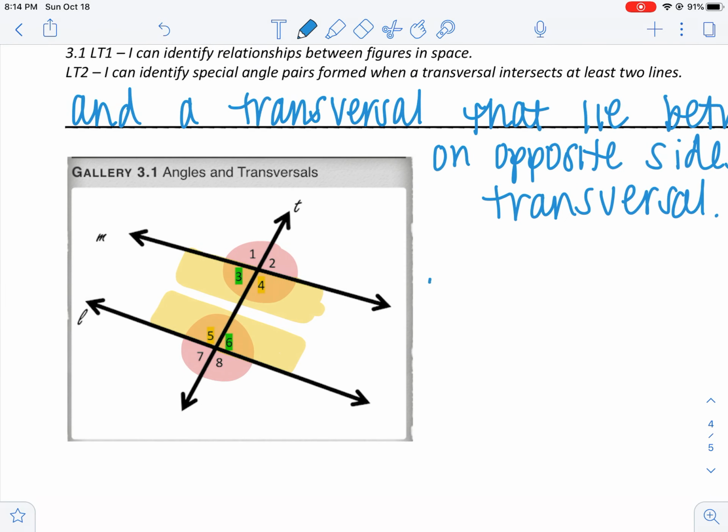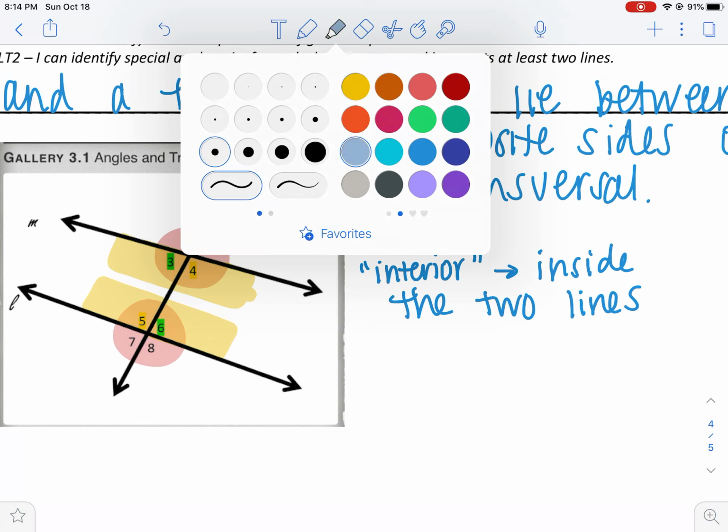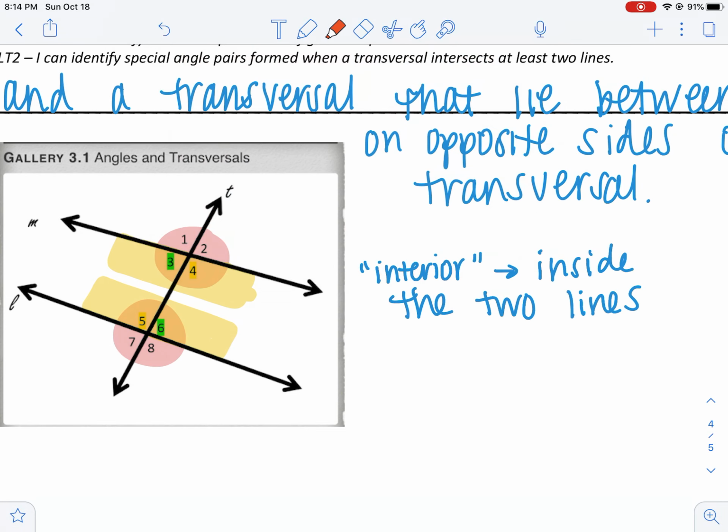So I'm going to say interior, inside the 2 lines. All right, and then where alternate comes in is we're looking at the opposite side of the transversal. Okay, so here it is on the left side of the transversal. Here it is on the right side, okay?